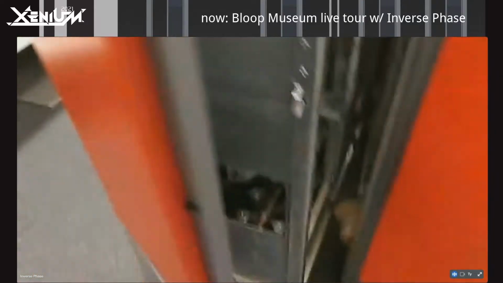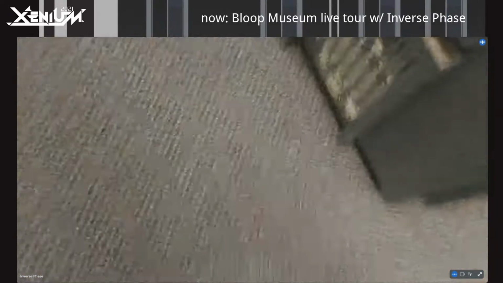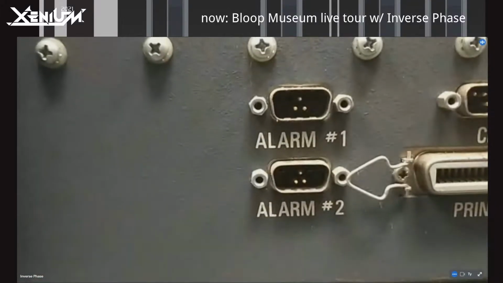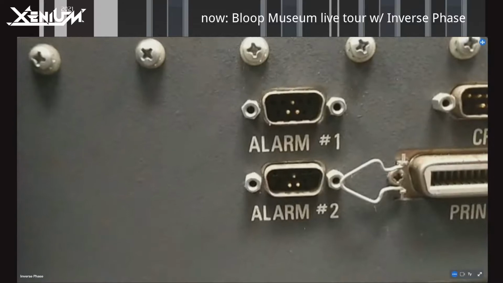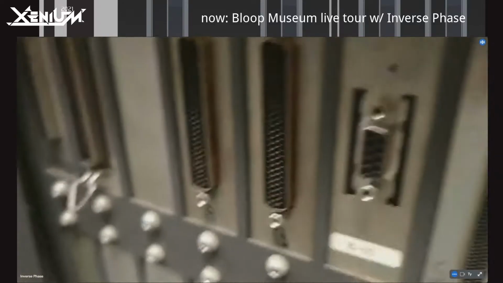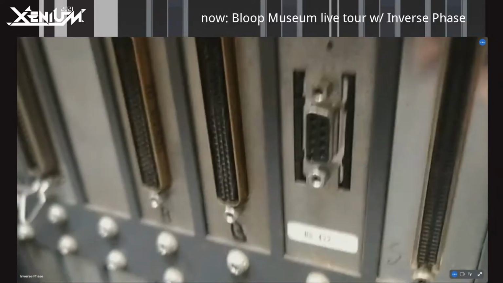Does it have a 9-pin joystick port? Well, we've got some ports that we might be able to adapt. I was thinking that maybe we'd try to plug a joystick into the alarm ports, even though it only has 3 wires. Or maybe we can adapt a joystick for RS-422. That's actually probably much more likely.